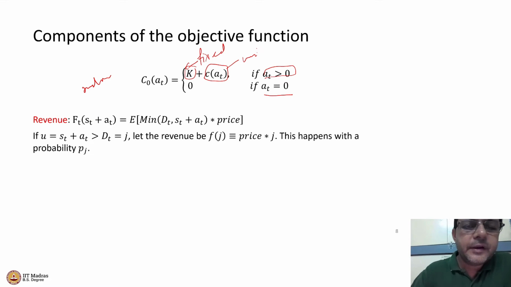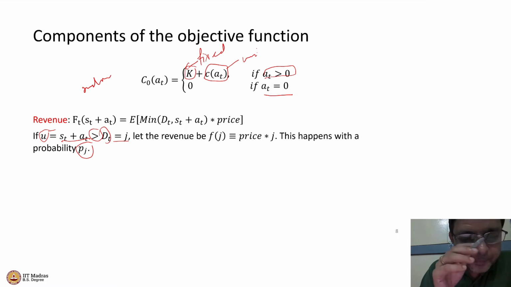Now, as we said, what are the probabilities here? Let us say that ST plus AT is denoted by U. Let us say DT is denoted by J. Let the demand be equal to J. What is the probability that demand is actually equal to J? That will be PJ, right? Now let us say that you carry enough inventory, much bigger than what the demand was. The total inventory that you are carrying is ST plus AT, which is U, and apparently this U is bigger than J, which is the demand.